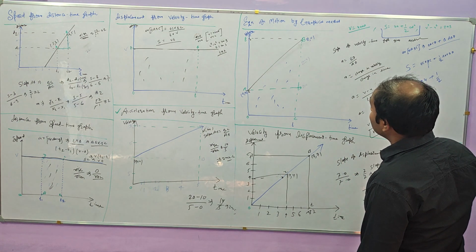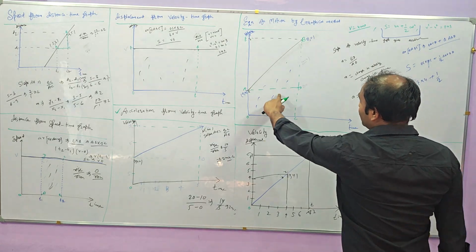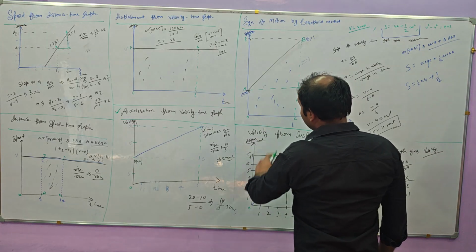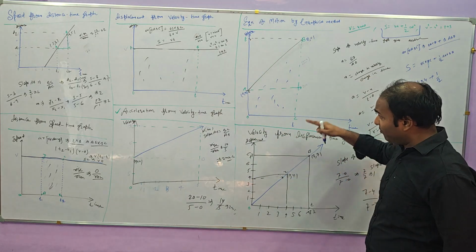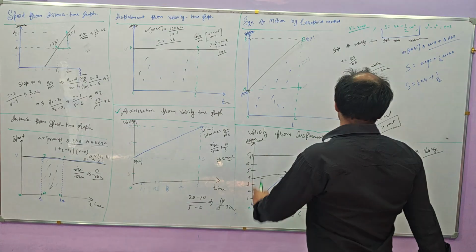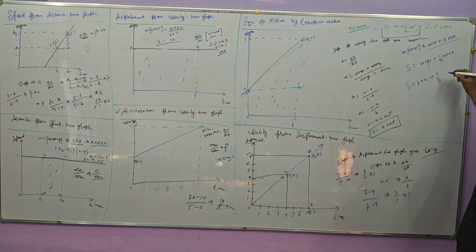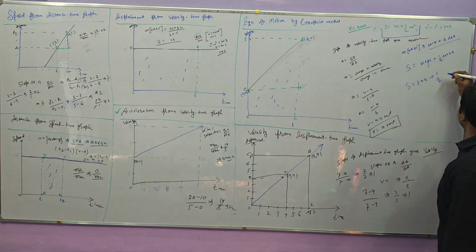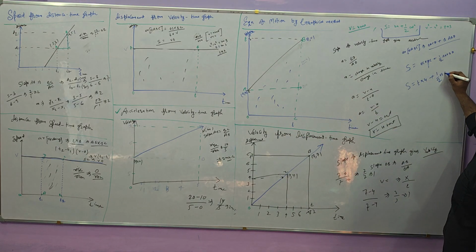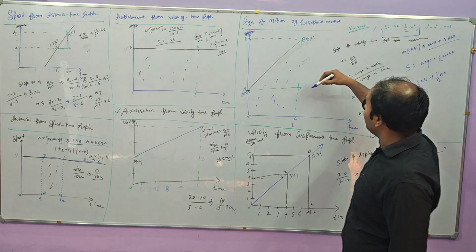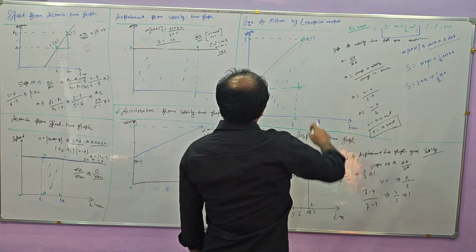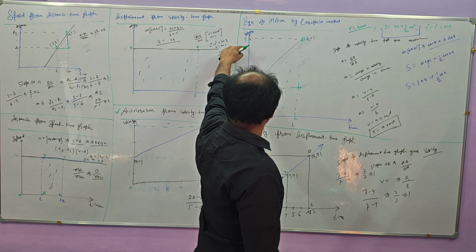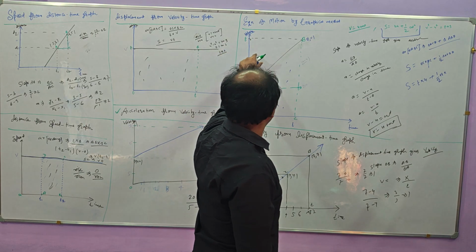AD is parallel and equal to OC, since we have a rectangle. So OC is equal to T, then AD is also equal to T, into BD. BD is equal to what? V minus U, that is equal to AT.